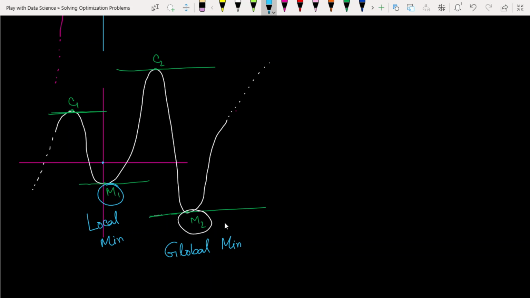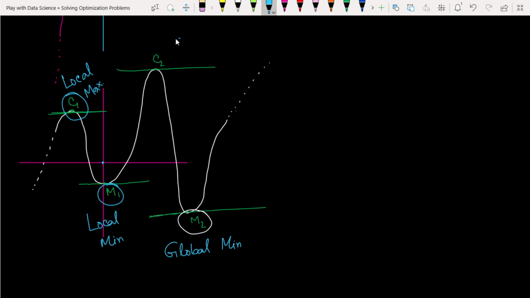The minimum of minima is called the global minima, and a similar concept applies to maxima. So this is called a local maxima point, and the maximum of the maxima is called the global maximum.